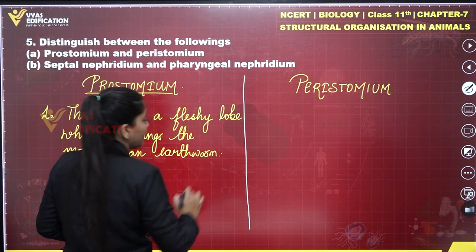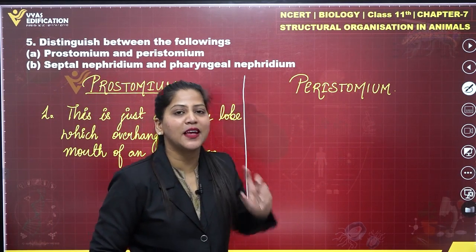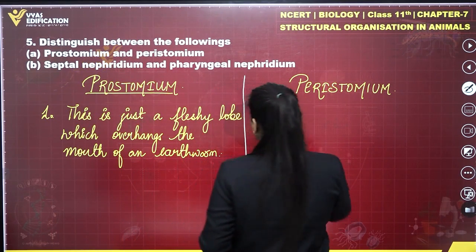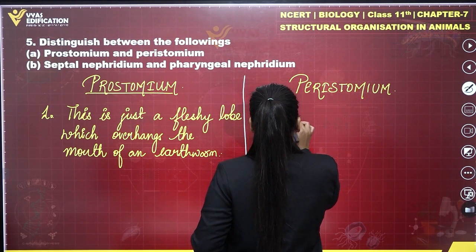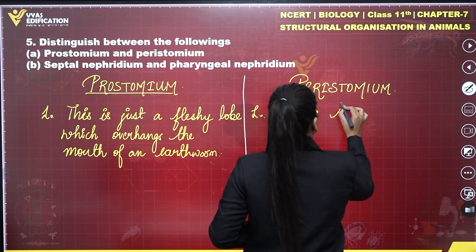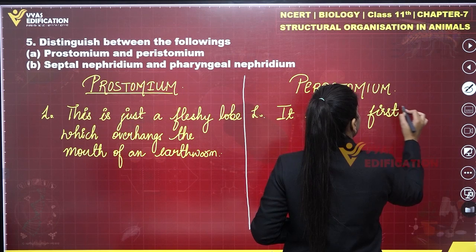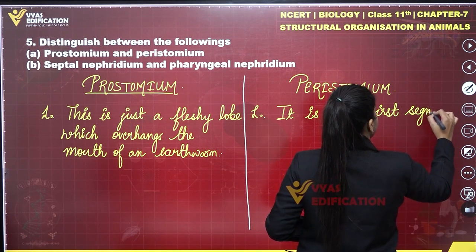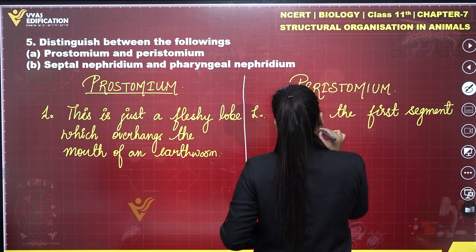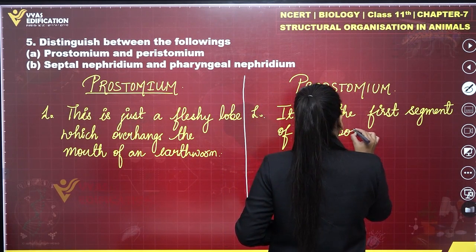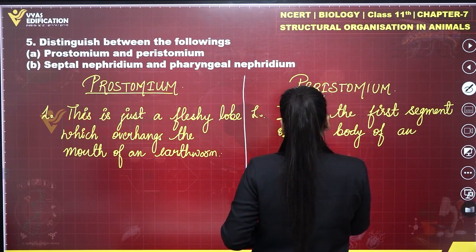Now, the next one is peristomium. What is peristomium? It is the first segment of the body of the earthworm. So, it is the first segment of the body of an earthworm.